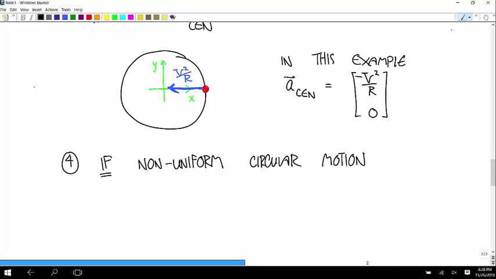Remember what non-uniform circular motion is? Yeah, if it's speeding up or slowing down. So this step has to do with the tangential acceleration, and it doesn't exist. You don't have to worry about it if the speed's constant, but you do have to worry about it if the speed's changing.